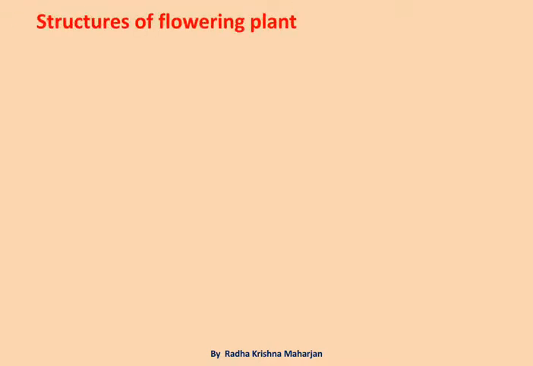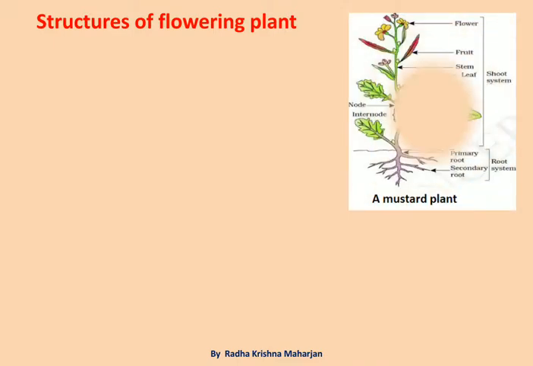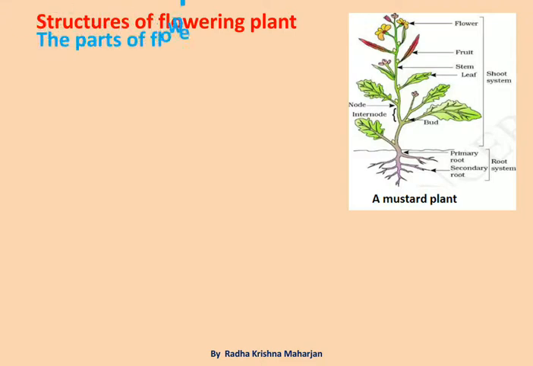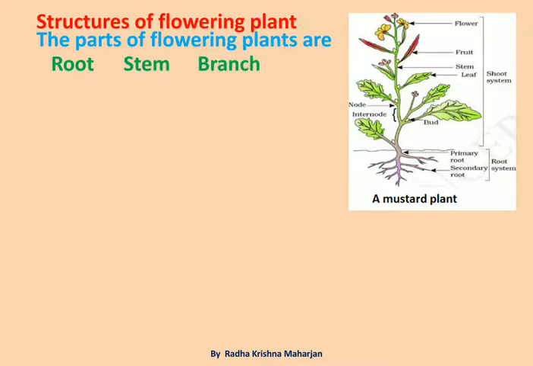Structures of flowering plant. The parts of flowering plants are root, stem, branch, leaf, flower, fruit.